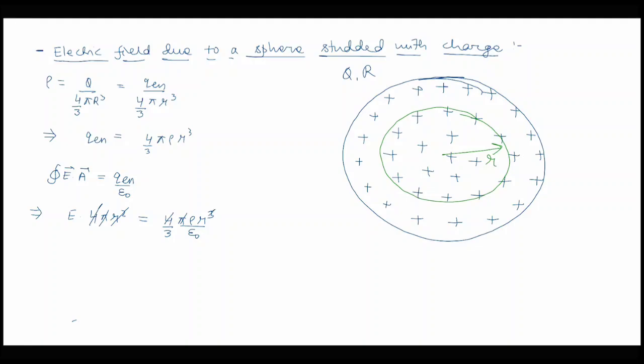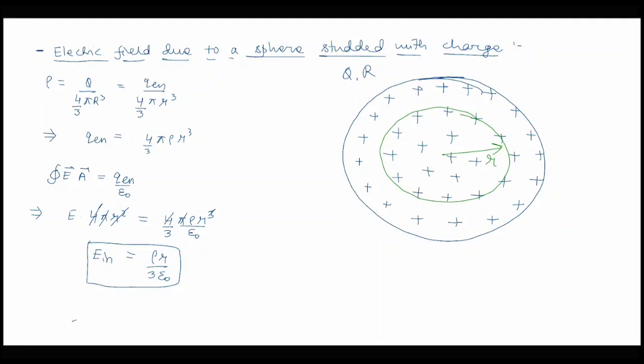The value of electric field inside this sphere studded with charge is obtained as rho r by 3 epsilon naught. So this is how we solve at a point inside the sphere.